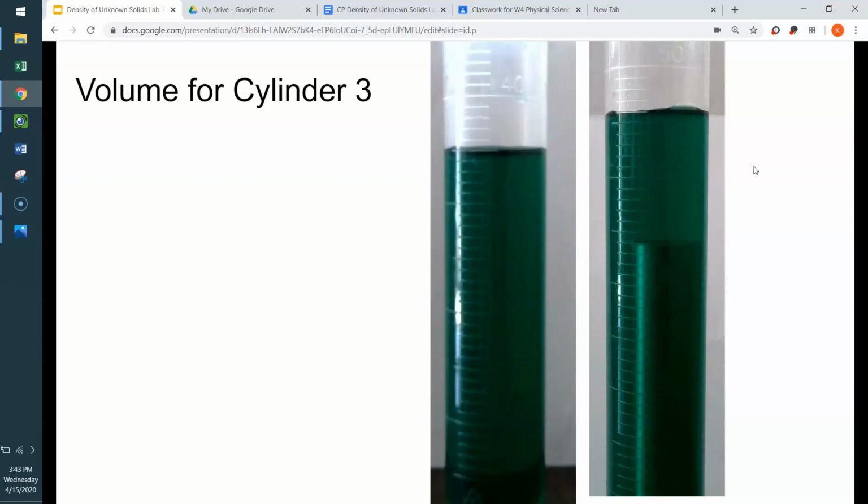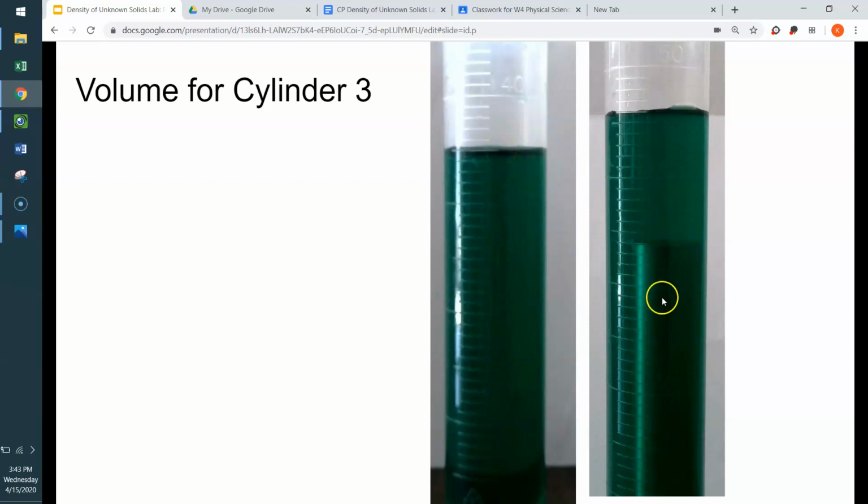Now for cylinder 3, I had to use a larger graduated cylinder because it was much taller than the other cylinders. So in this case, this is my 50 milliliter graduated cylinder. So if this is a solid number of 30, and then it goes up here to 40, each one of these little lines is 1 milliliter. Okay, so this line right here is 30. So how many above 30 does this water line go? Record that volume.